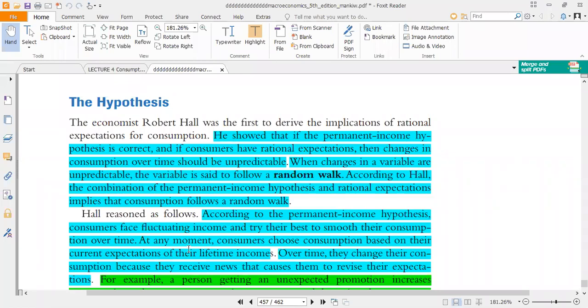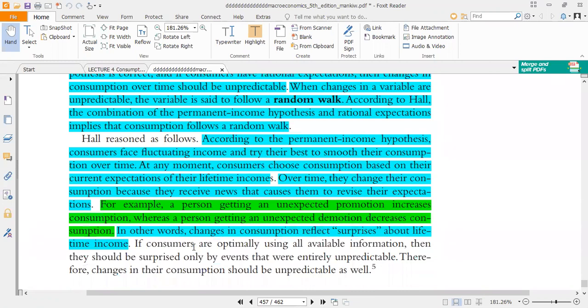You've been able to smoothen your consumption, but this smoothing was based on your expectations about your lifetime income. So you expect that this is the amount of money that you are going to earn, and therefore you divide this income over the periods that you live, so you try to stabilize your consumption levels. But you get to a point in your life where you might receive some news that will cause you to revise those expectations.